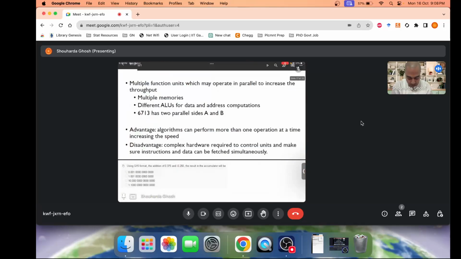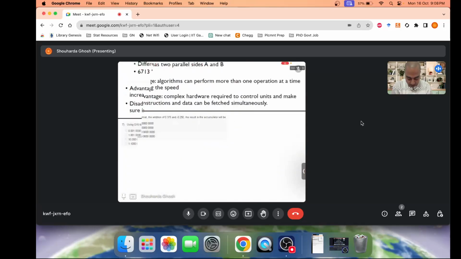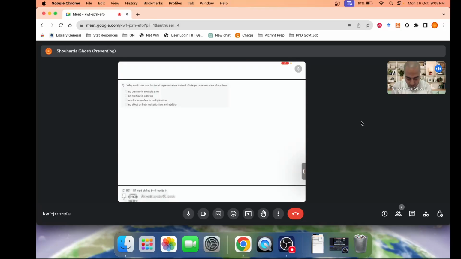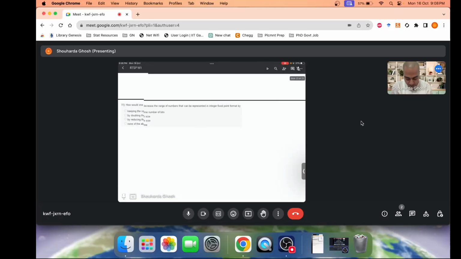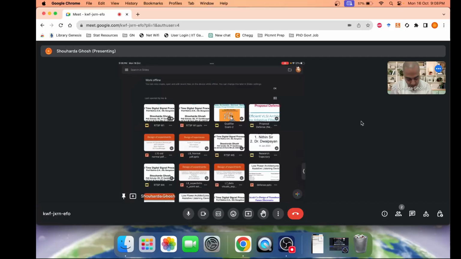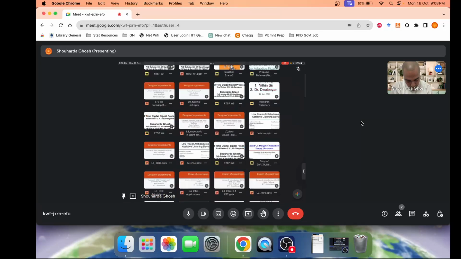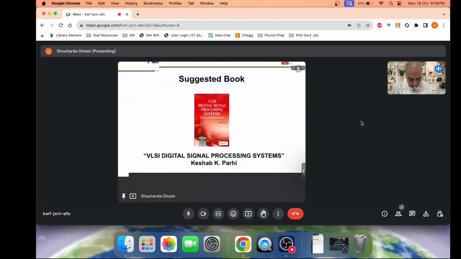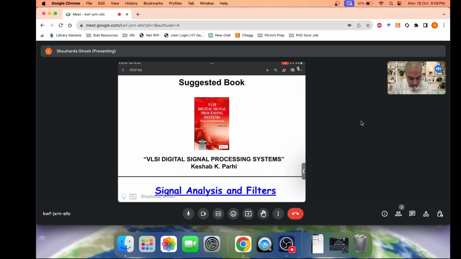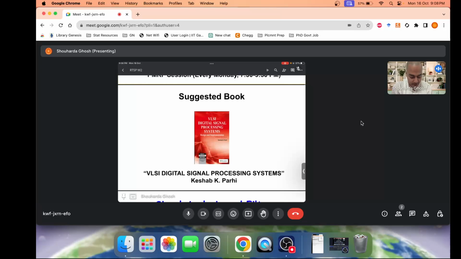Okay, and then we talked about parallelism, how it improves. Okay, 2's complement. And then in week 2, okay, so this was the suggested book, the VLSI Digital Signal Processing Systems.